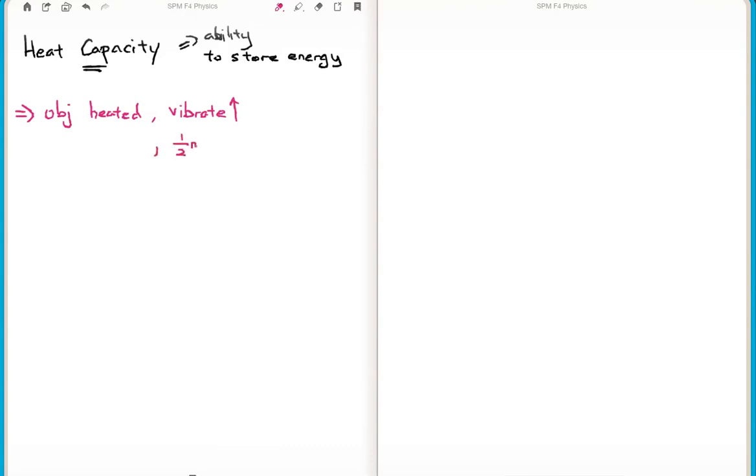The half mv squared, this is called the kinetic energy, increases as well. So when the kinetic energy increases, what happened? The temperature that you read from your thermometer increases. Because why? Temperature is the measurement of the degree of hotness, meaning how much energy is being input into an object.